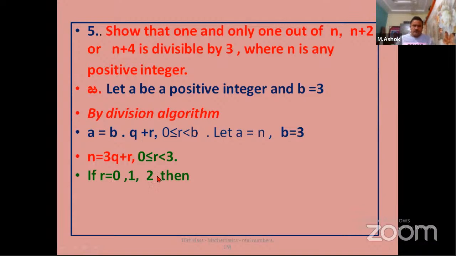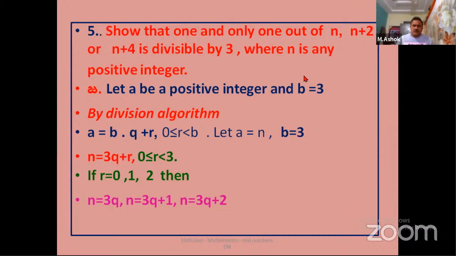Now, what are the possible conditions? Substituting r equal to 0, we get n equal to 3q. For r equal to 1, n equal to 3q plus 1. For r equal to 2, n equals 3q plus 2.